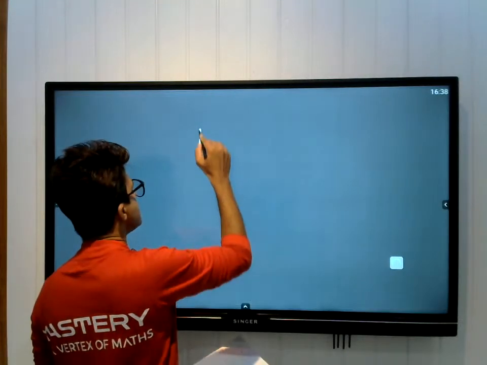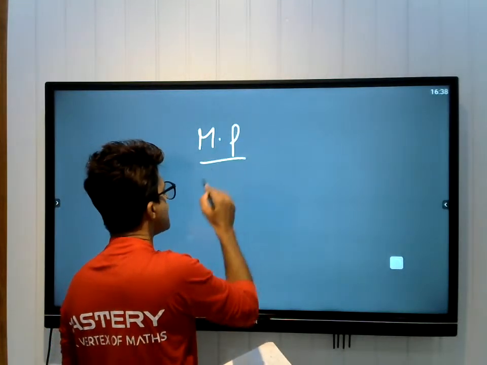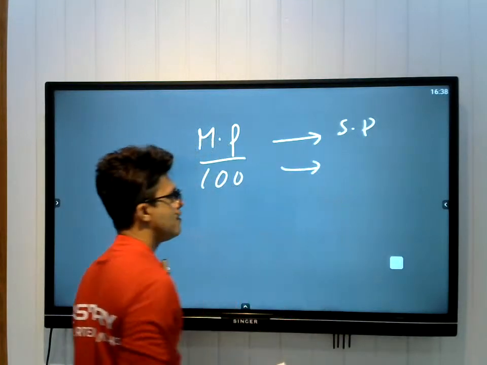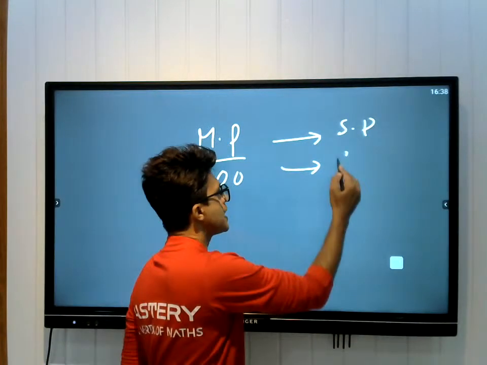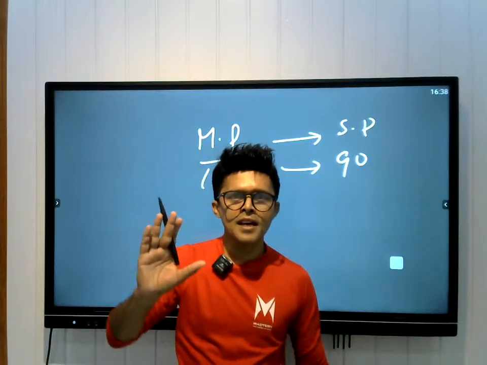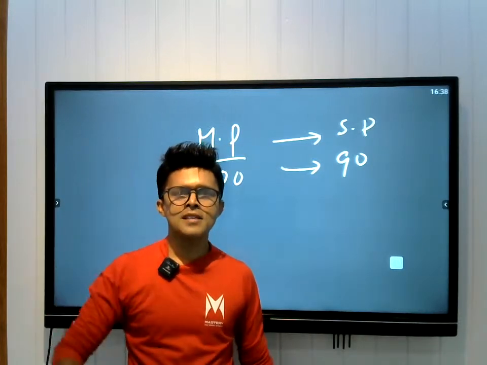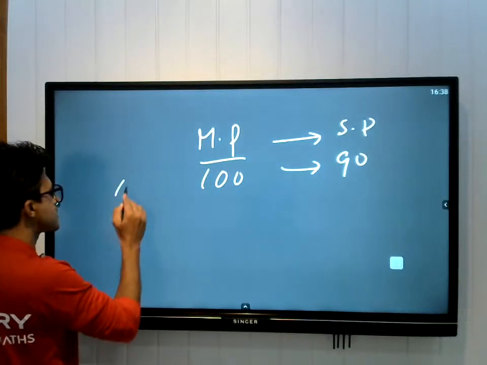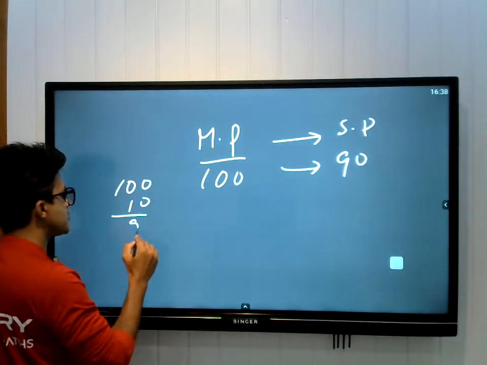Then when the mark price is 100, the selling price should be, I will use this method, right? Should be 90. The reason: if the mark price is 100, then the selling price is 90. You know, 100 minus 10, which is 90.